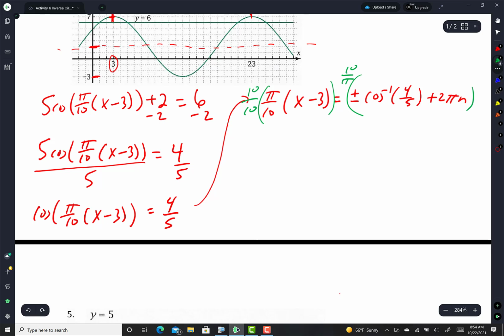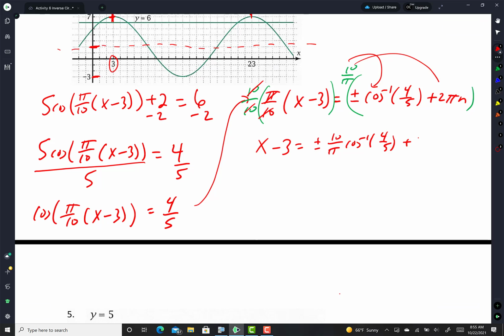When you do that, x minus 3 equals plus or minus 10 over pi arc cosine of 4/5 plus, the pi's cancel out and it's 10 times 2, 20n. That should not surprise you guys. The period is 20, so the 20n should not surprise you. Move the 3 over.